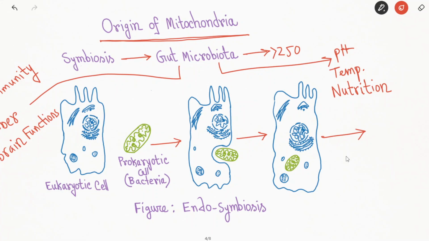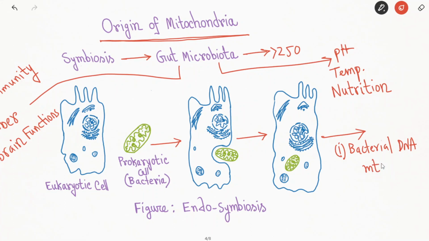Scientists have provided some proof for this theory. One proof is that, like bacteria, mitochondria also have their own DNA.